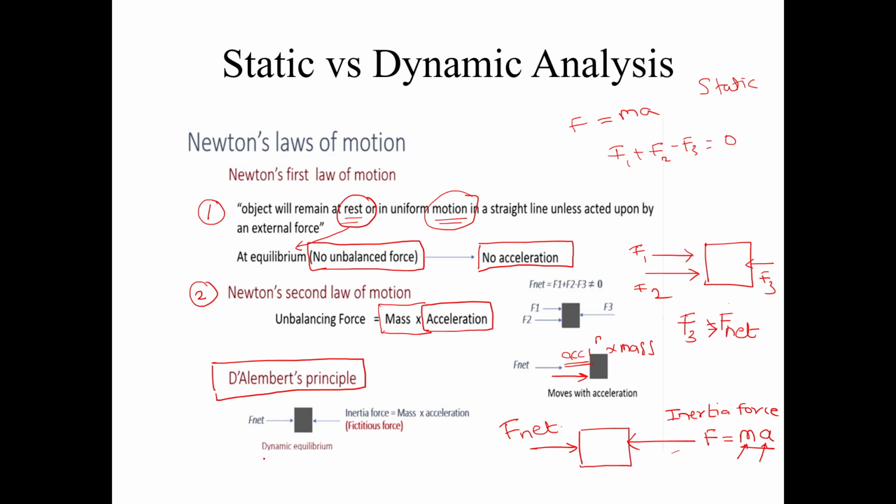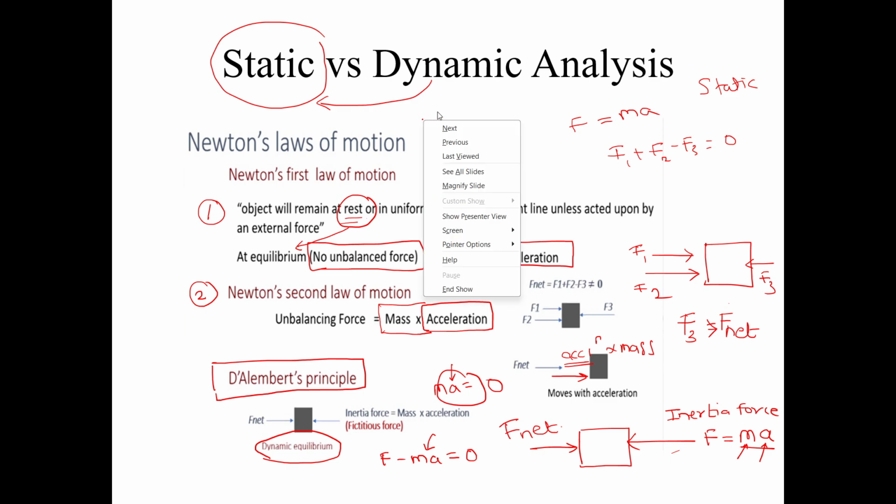Then we can have the dynamic equilibrium, right? So F minus ma is equal to 0, and in the static case, as there is no acceleration, this ma term becomes 0. So I can say static analysis is one type of dynamic analysis in which the imaginary pseudo force is 0.